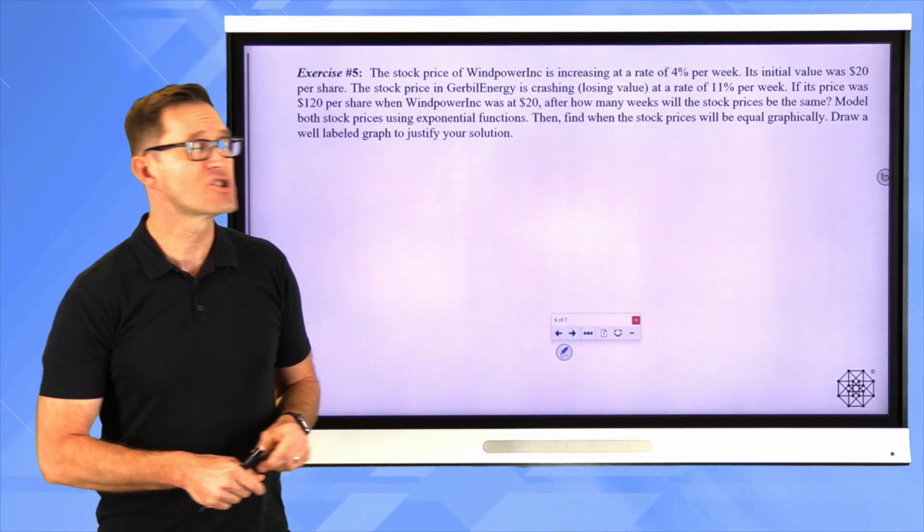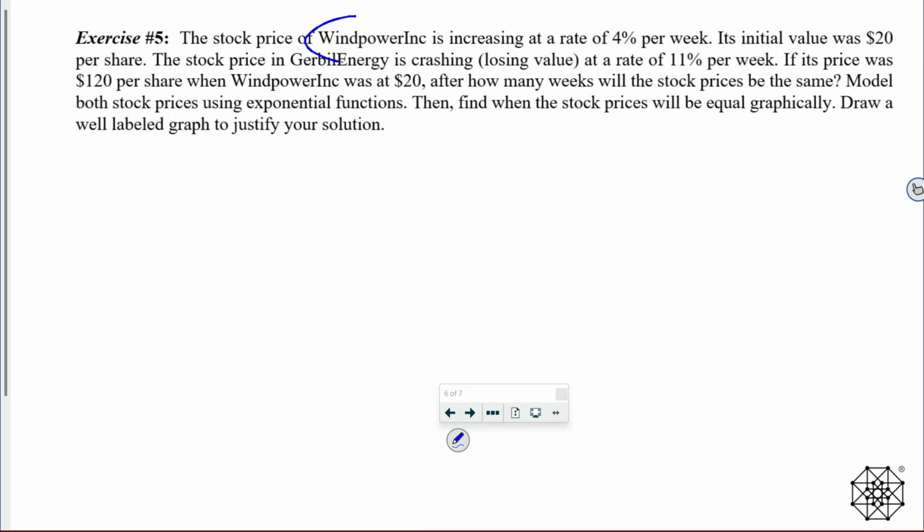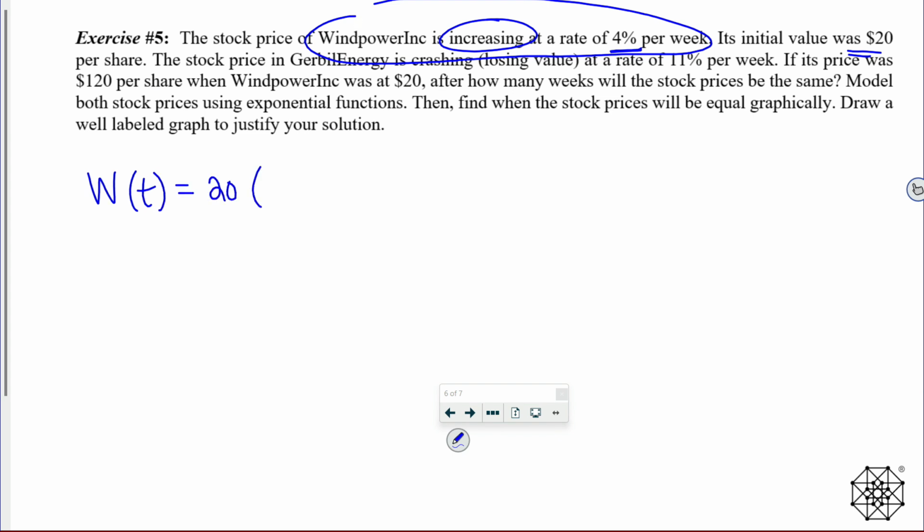All right, well, let's start with Wind Power Inc. It's increasing 4% per week with an initial value of $20. I guess maybe I'll call that W and I'll do it of T. So my initial value is 20. It's increasing at 4% per week, so that would be 1 plus 0.04 or 1.04 raised to the T. There we got Wind Power.